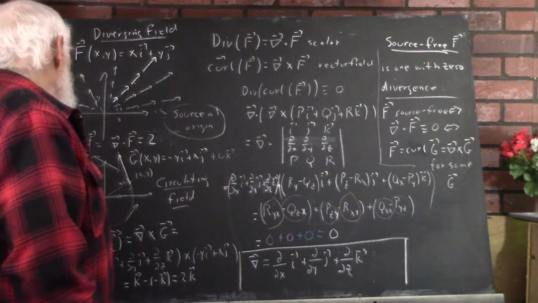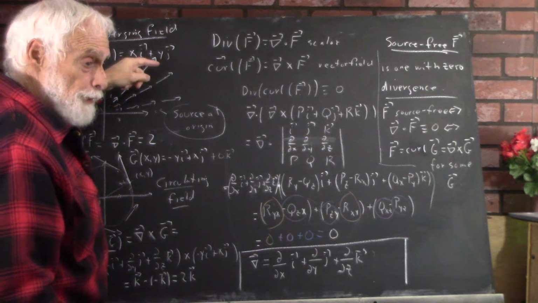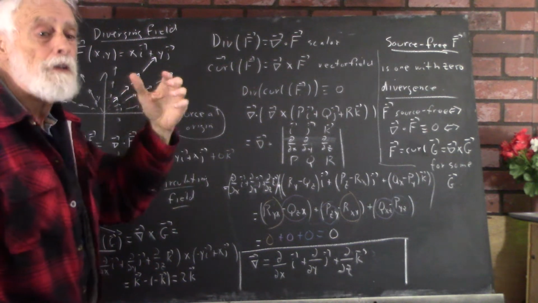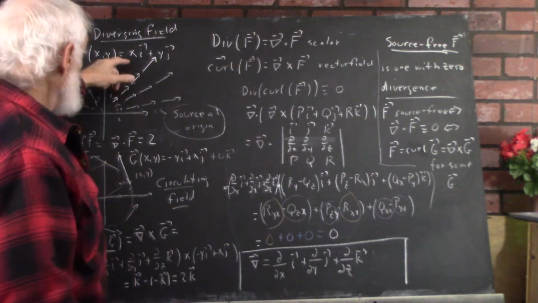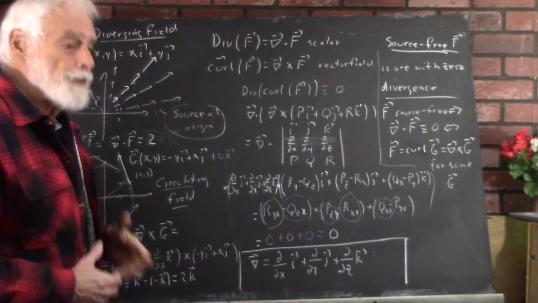So, details aside, you would have x squared plus y squared to the 3/2 power, the cube of the square root of x squared plus y squared, in the denominator, and that would give you a model of a gravitational field, and that's a diverging field.